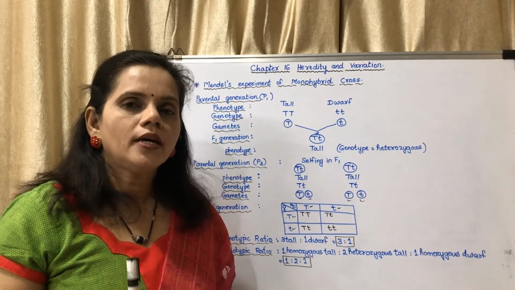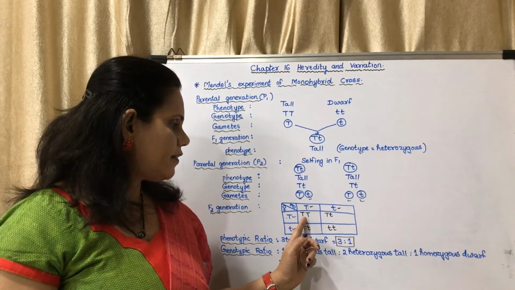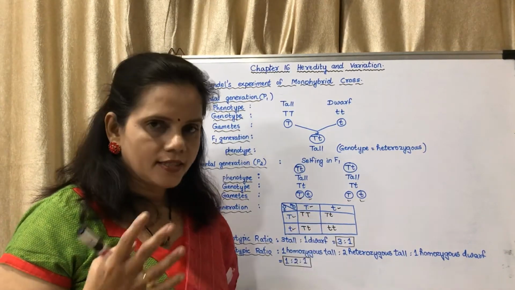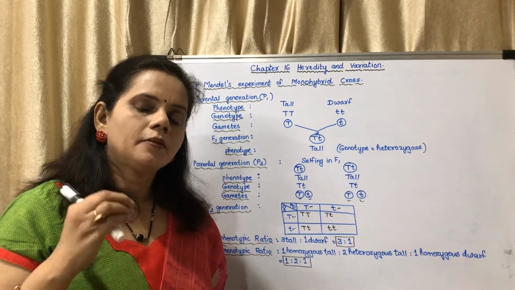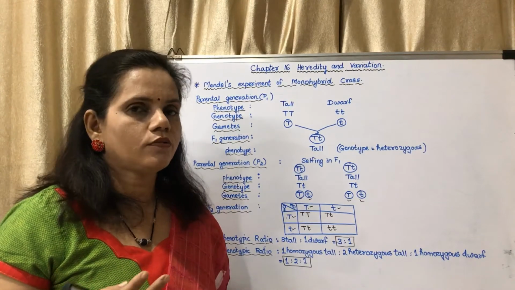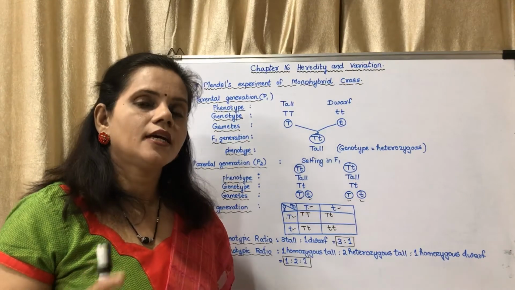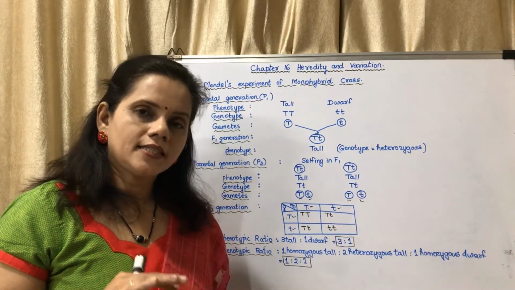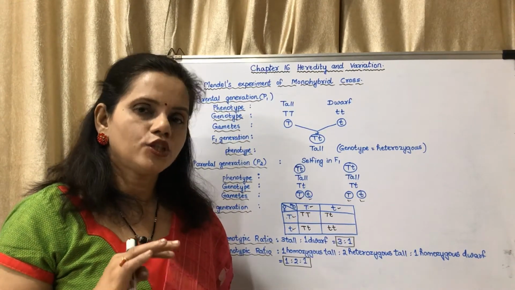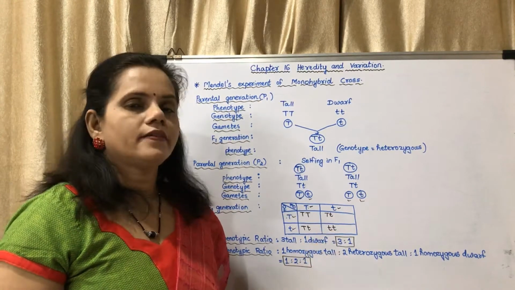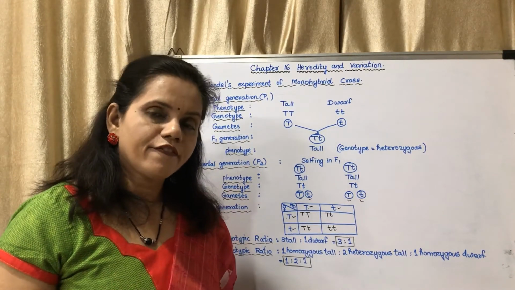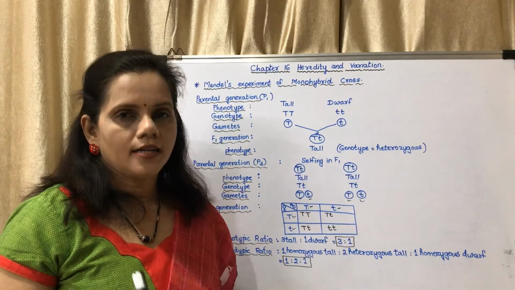So this shows that if both of the genes are dominant, then compulsorily the dominant characteristic will be shown. If one of the genes is dominant, then also the dominant characteristic will be shown. Recessive is only shown if both of the genes are recessive.